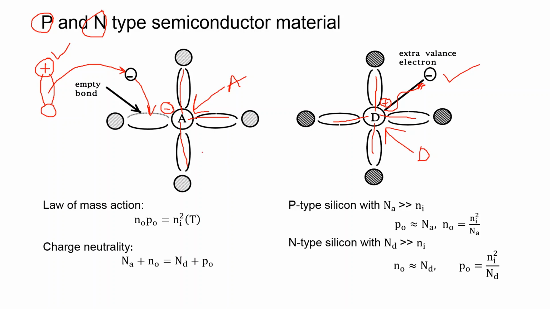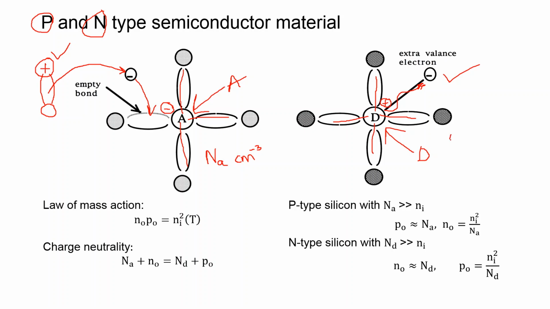Now the density of acceptor atoms is denoted as Na. That means Na number of acceptor atoms are added per centimeter cube. So if Na number of acceptor atoms per centimeter cube are added, that means Na number of holes are generated.